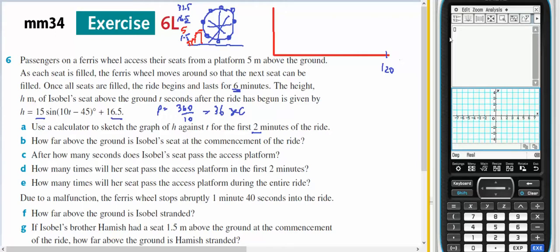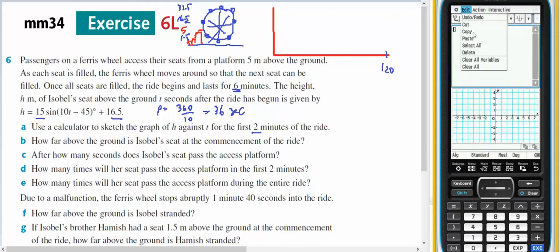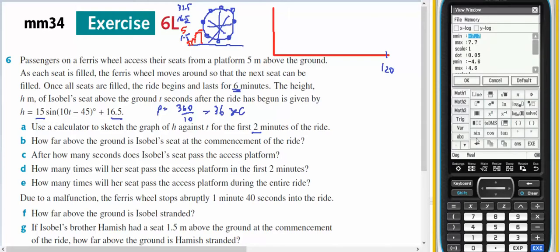Okay, so I've got my rule there, 15 sine 10x, and I'm in degrees, and I want to go from 0 to 2 minutes, so 120.